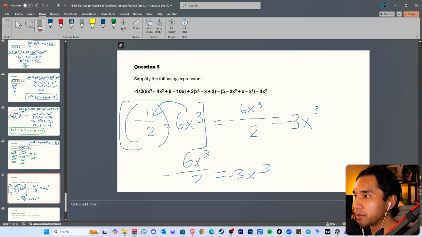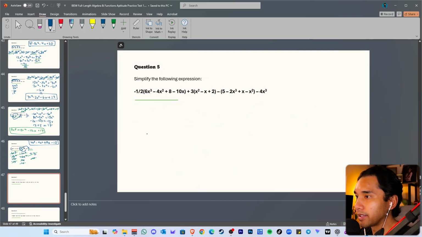Another example too, just so you get the concept. Let's say you have a whack fraction that you will not be able to divide: 3 over 5 times 6x cubed.